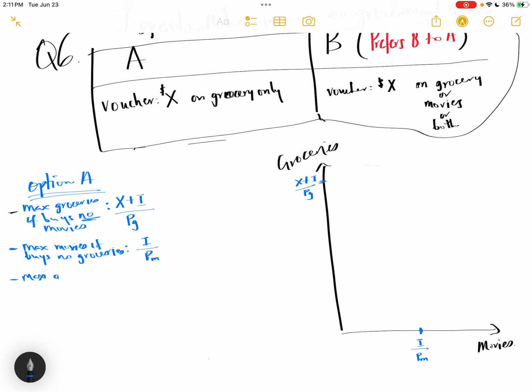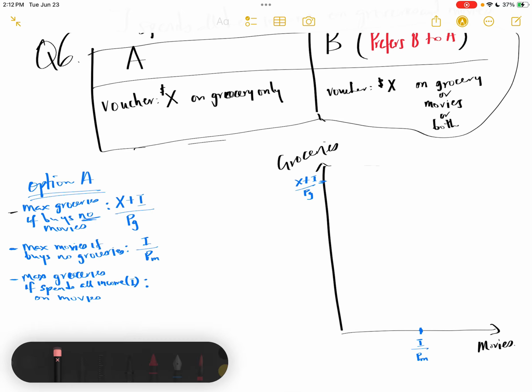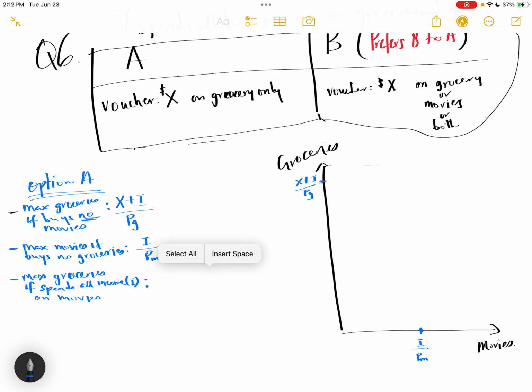So the maximum groceries if the consumer spends all income I on movies means she will only have the voucher left. The voucher is X, so let's write X. She's going to spend all of her X on groceries. So where do we write that? How do we show that on the graph?